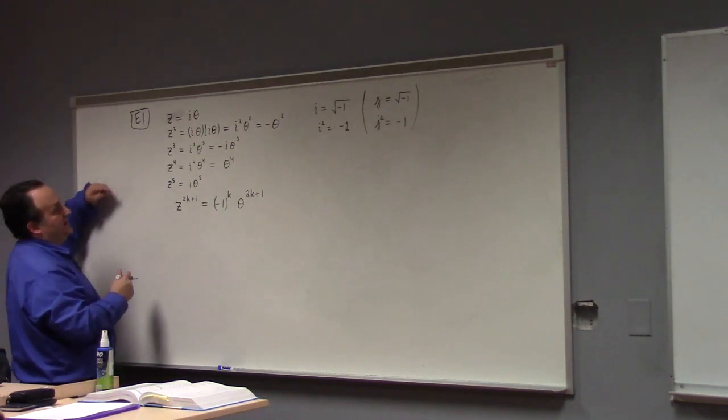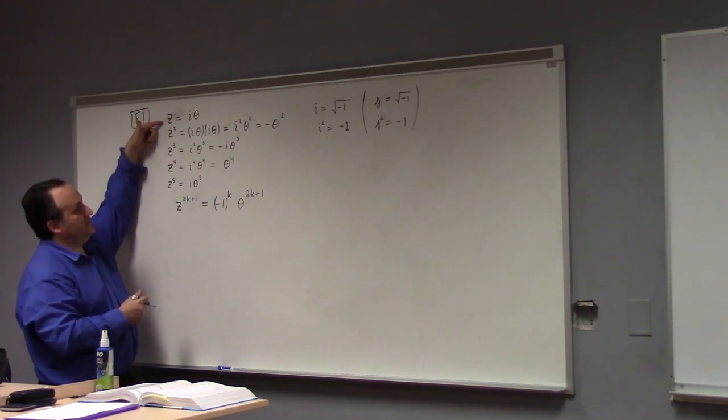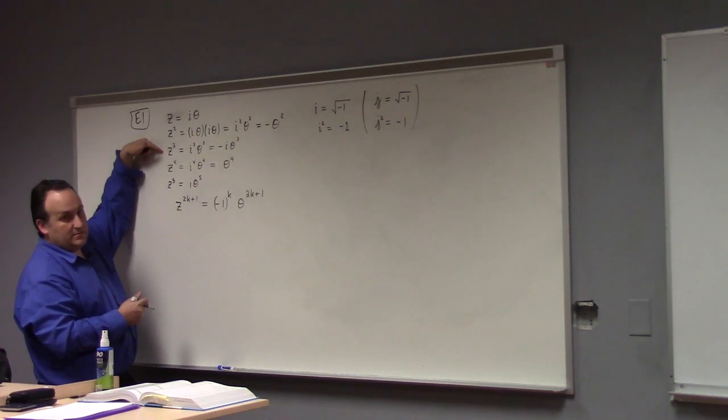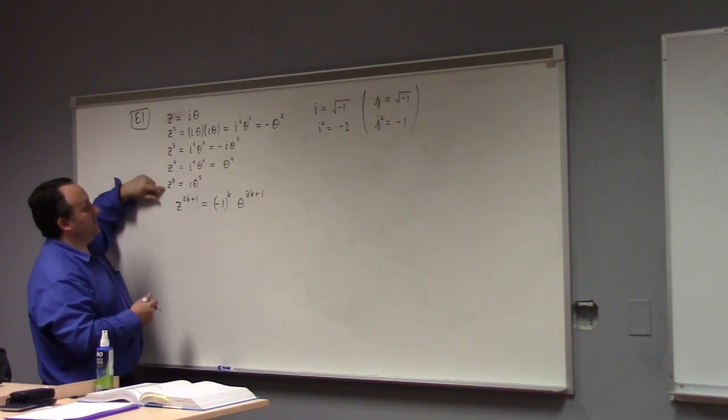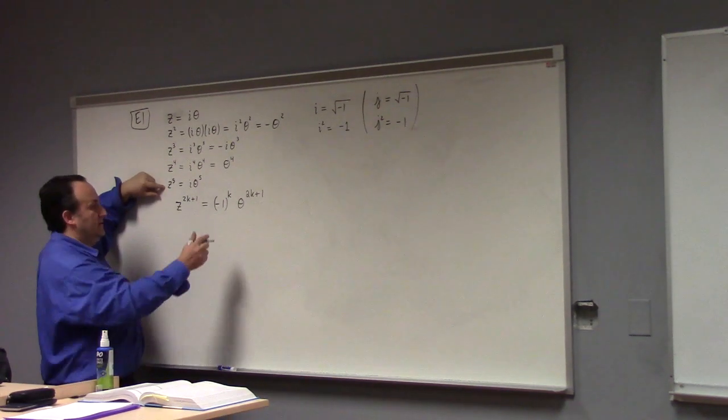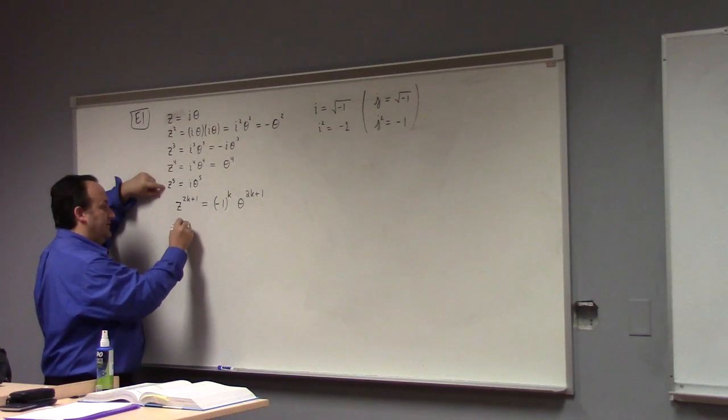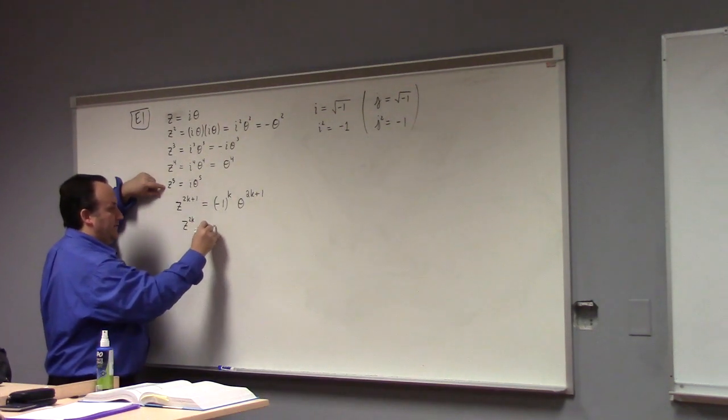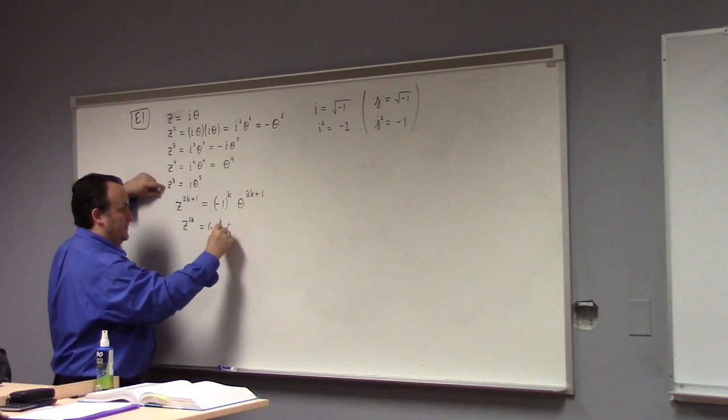Do you guys see that pattern? So this is k equals 0. This is k equals 1. The fifth order is k equals 2. On the other hand, if we have z to an even power, we've got minus 1 to the k times theta to the 2k.